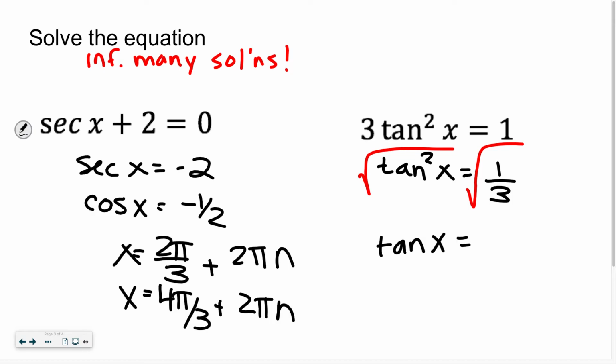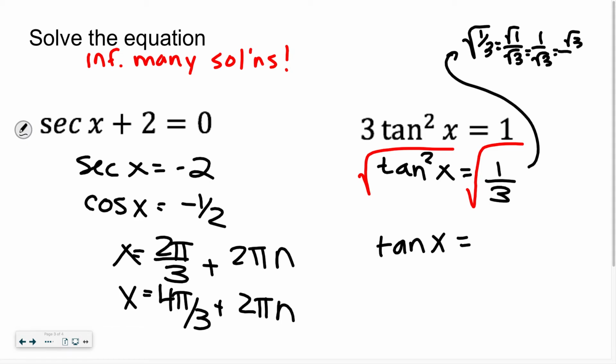So you might think about the square root of 1/3 as really the square root of 1 over the square root of 3, which we know is square root of 3/3. But do you have to do that work every time? No. You know that the square root of 1/3 is going to come out to be that radical 3/3. So radical 3/3 is what you want me to write over there?